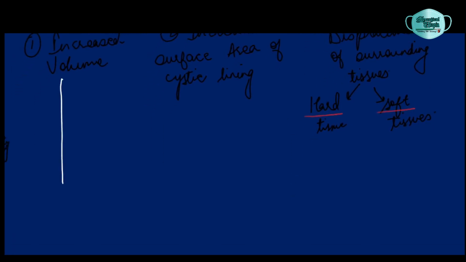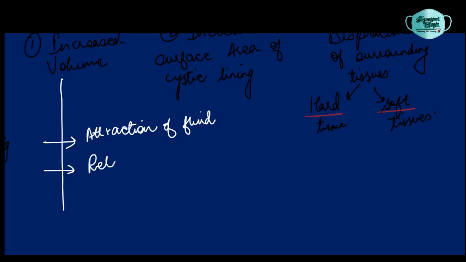Now, in order for the cyst to enlarge, as I have already mentioned, there may be an increase in the volume of the cystic content, and as proposed by Laskin, there are different procedures through which the cystic content may increase in volume. The first is attraction of fluid into the cavity of the cyst.